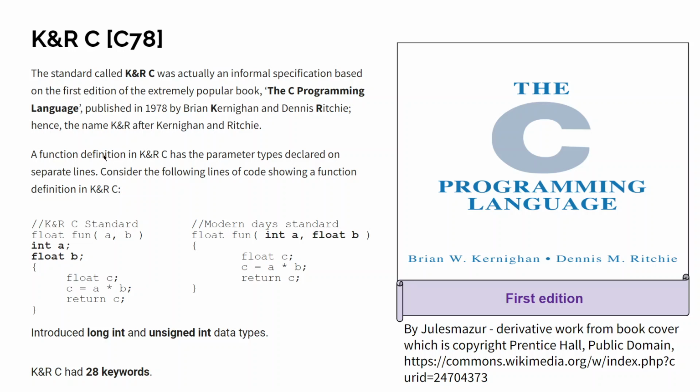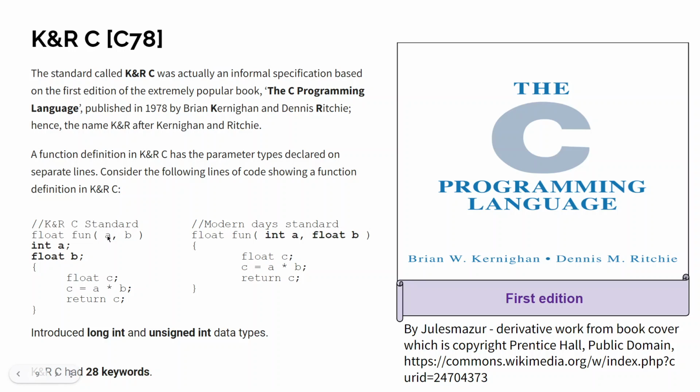The C that we learn today was pretty different in the beginning. For example, let me show a function definition in the K&R C standard and today's standards. We would define a function like this. These data types were not included here.